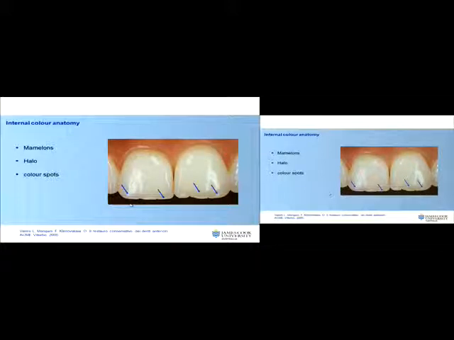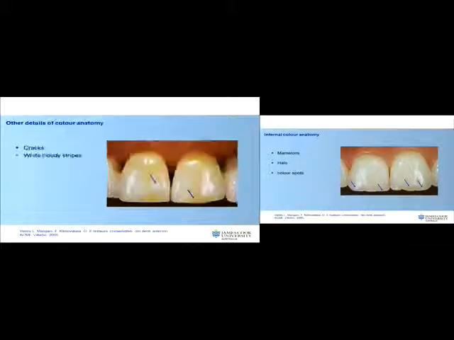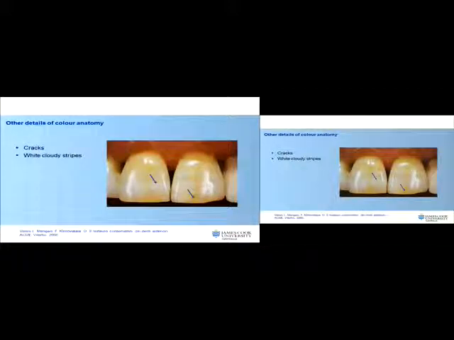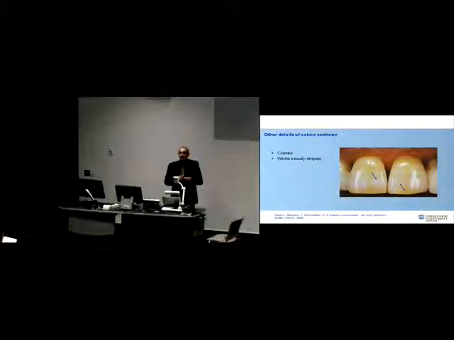And we also can have color spots in white, in orange, or in other colors. In older teeth, we see that the thickness of the enamel has gone down. And so usually we look at colors with more chromaticity. In older teeth, we see frequently cracks. We can see cloudy stripes like this.